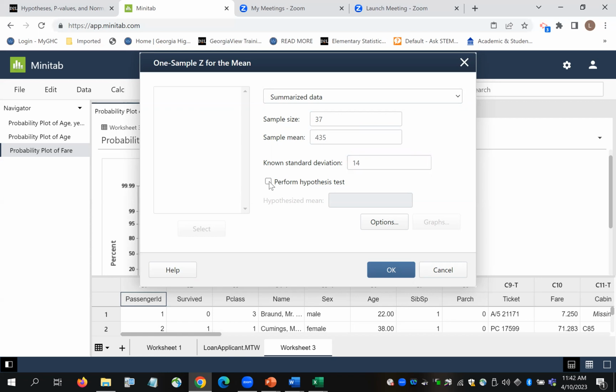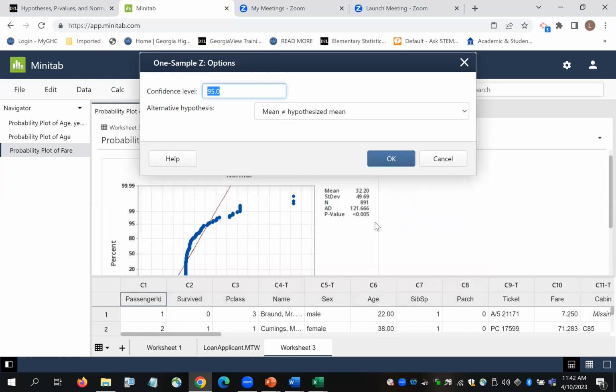We're going to perform a hypothesis test. My hypothesized mean was 438. Okay, so we're entering the information that we pulled out of the problem. This is the important step. Options. My significance level was 0.05.